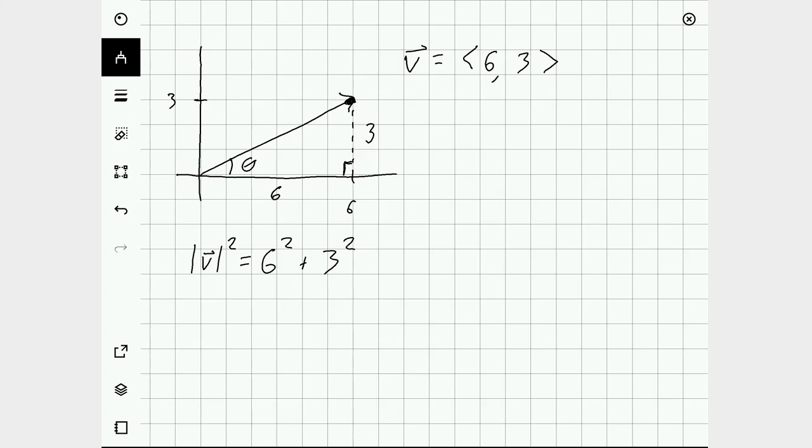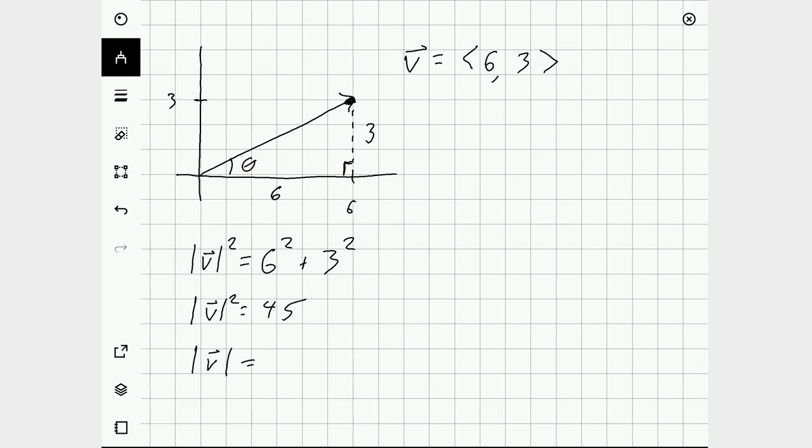And I can punch those things into a calculator. 6 squared is 36, 3 squared is 9, and 36 plus 9 is 45. And then with that, I can get the magnitude itself by taking the square root.